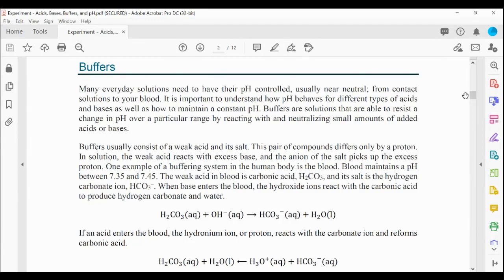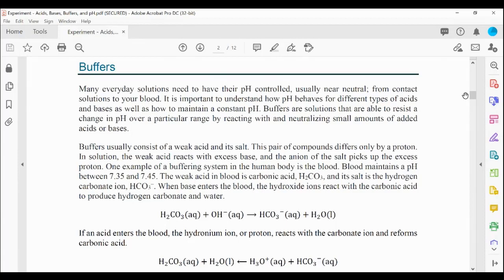Many solutions need to maintain an almost constant pH, and the blood needs to be between 7.30 and 7.45, because many proteins only function within that narrow pH range.